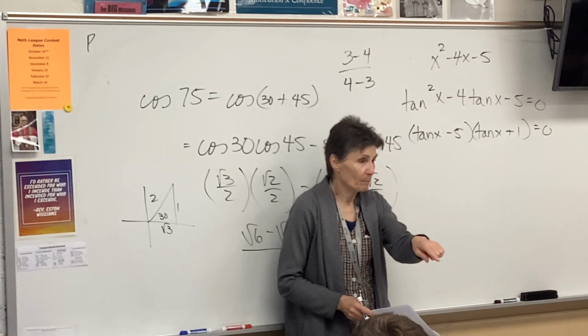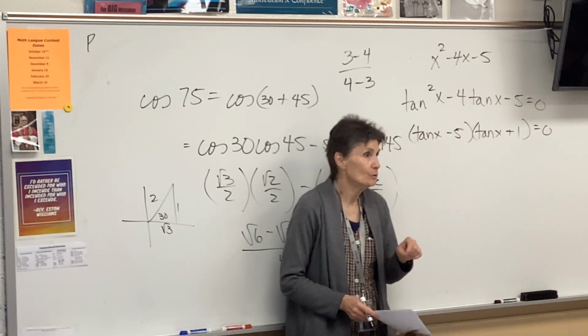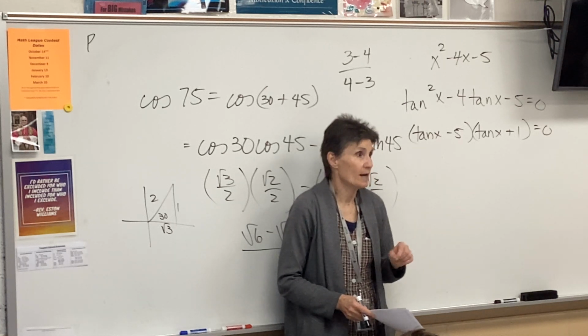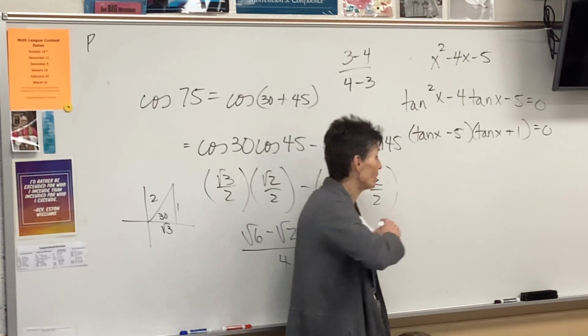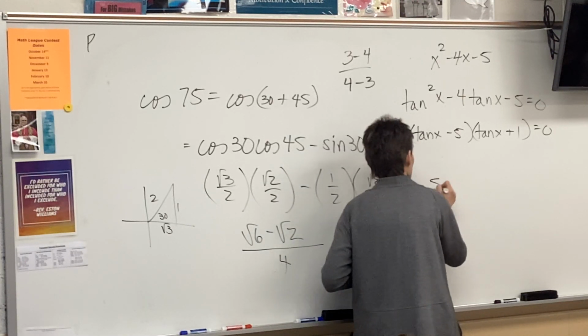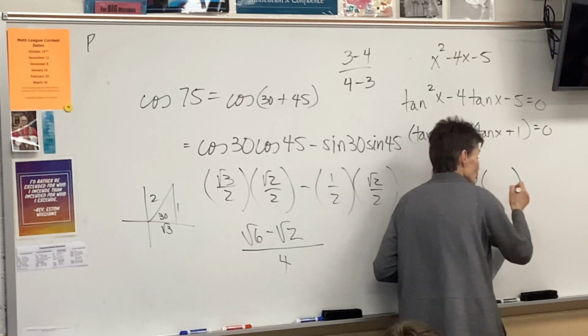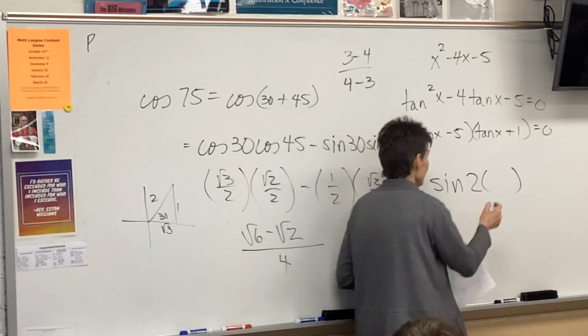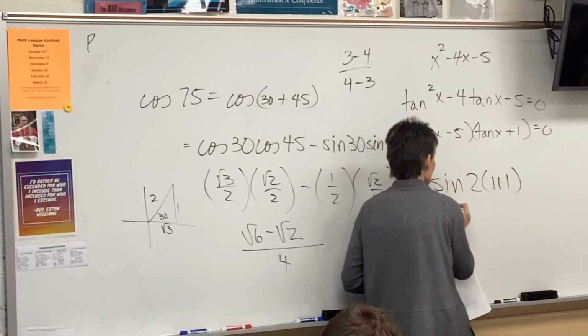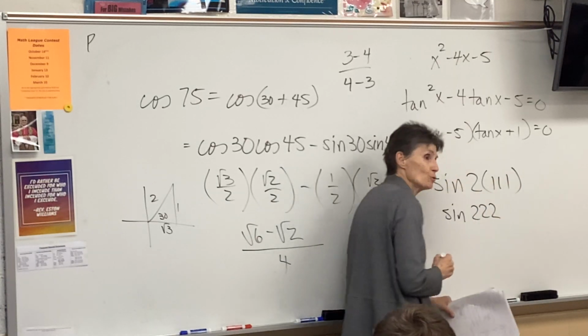Find it on your paper where it says 2 sine cosine. That's sine 2x. So 2 sine cosine is sine 2x. Our x is 111. So this is the formula for the sine of 222.